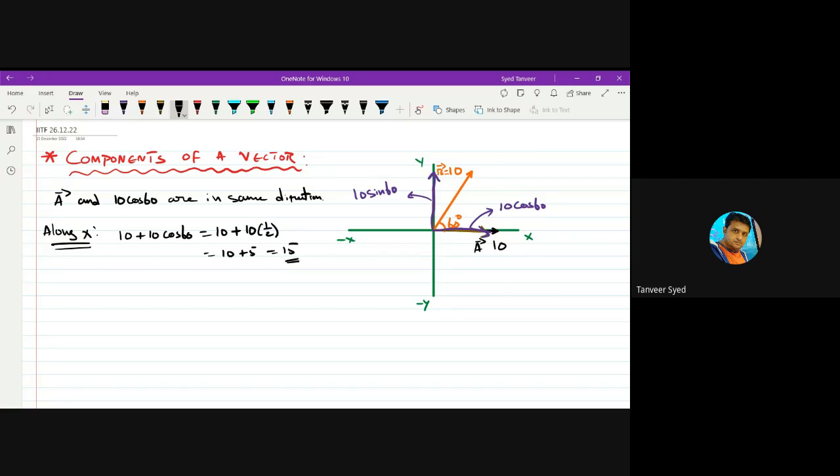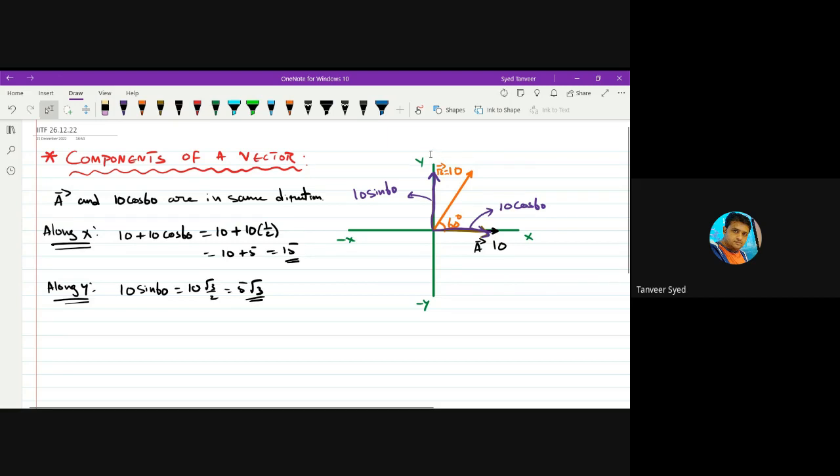This is the resultant along the x direction. What is the resultant along the y direction? It's only 10 sin 60. Along the y direction, only 10 sin 60 is there. Sin 60 is root 3 by 2, which is 5 root 3. This is the effective vector along the y direction.